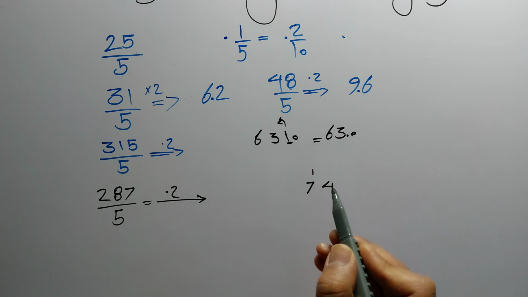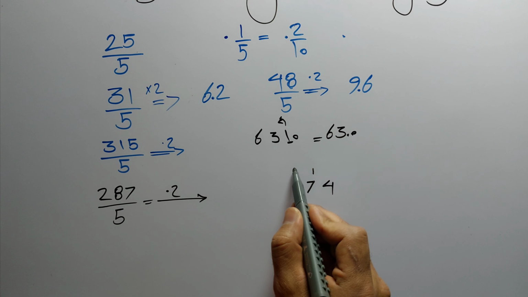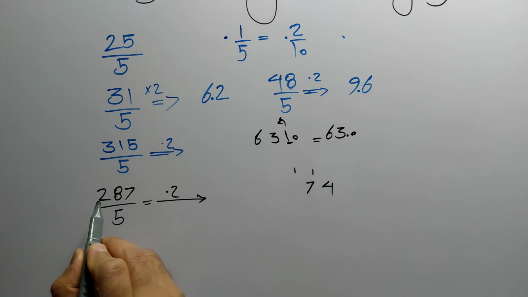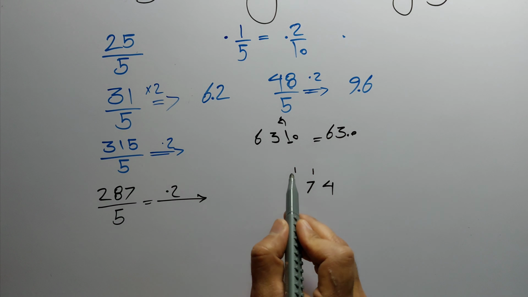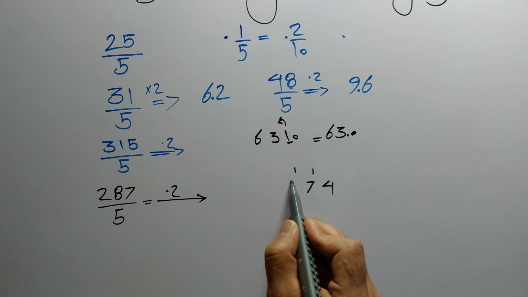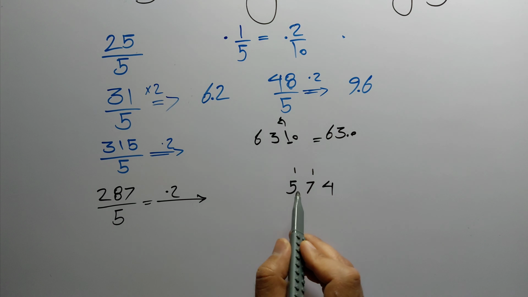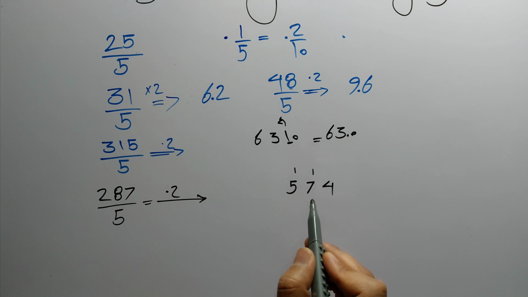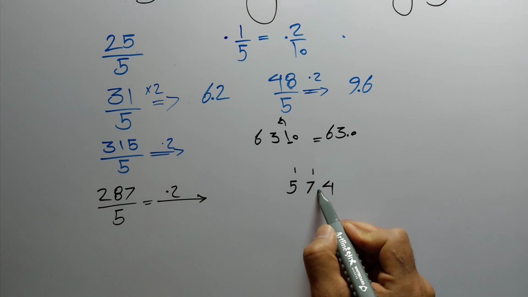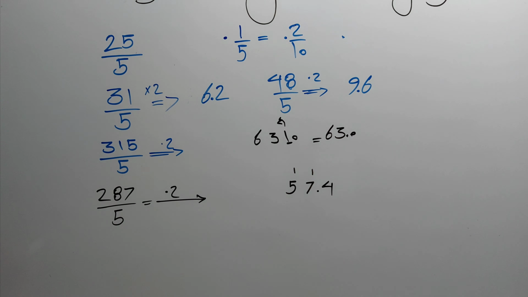So then I'm going to write 7 here and then add 1 here. So 2 times 2 is 4, plus 1 is 5. So that's 2 times 287, that's 574. Then don't forget this decimal point here.